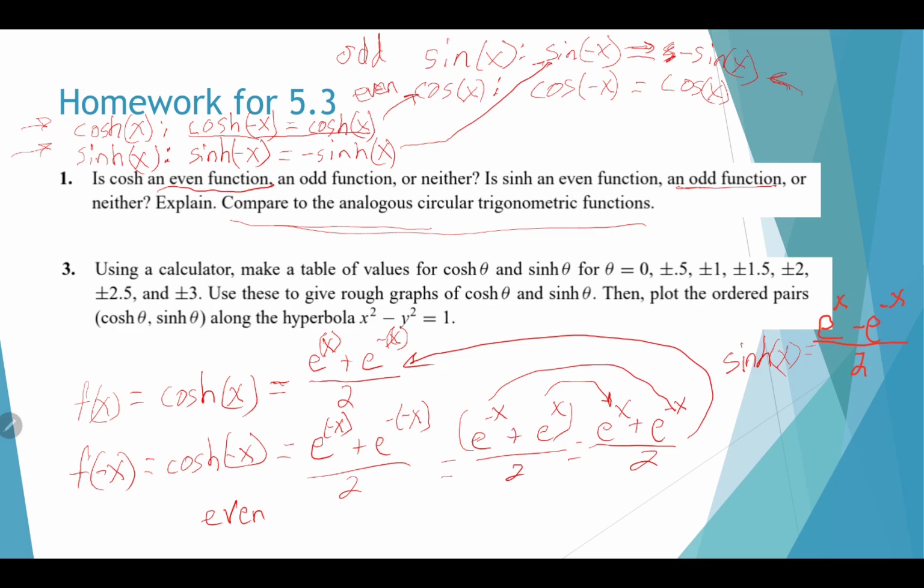All right, so you guys can take shine and figure out if it's odd and see the relationship. You could compare all of them. Remember that cosh is 1 over secant, or secant is 1 over cosh, however you want to look at it. So they'll flip.